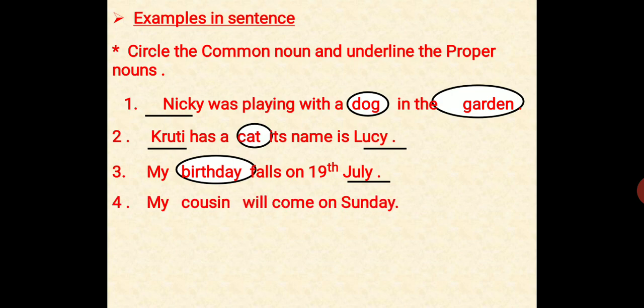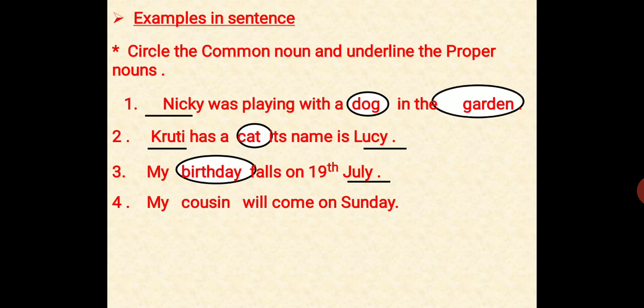Next sentence. My cousin will come on Sunday. Look here. How many nouns are here? Yes, 2 nouns. Which are they? Cousin and Sunday.